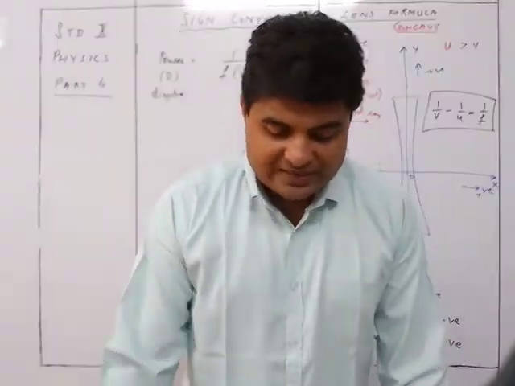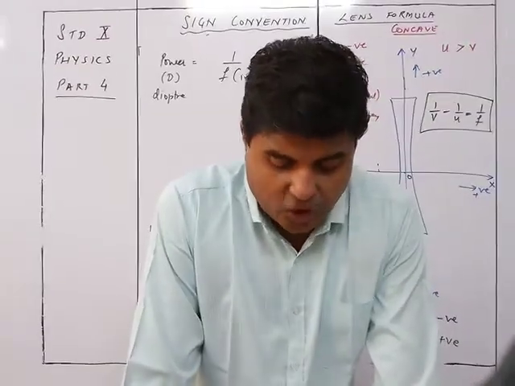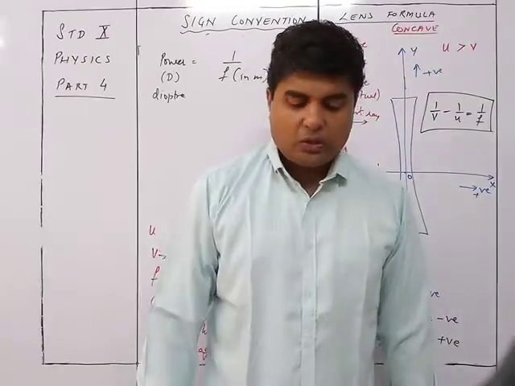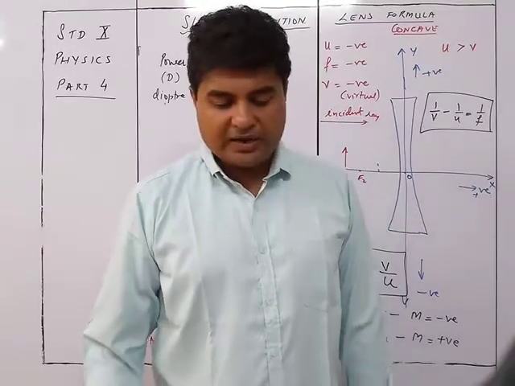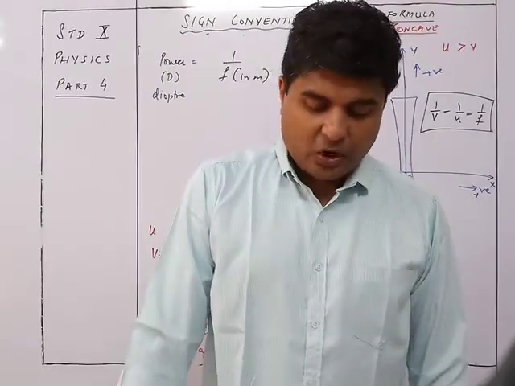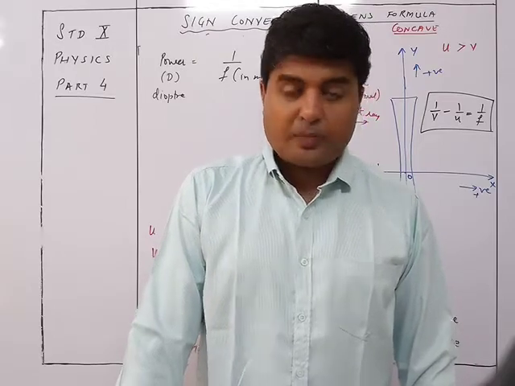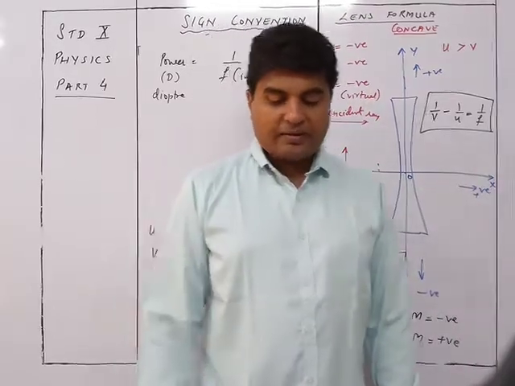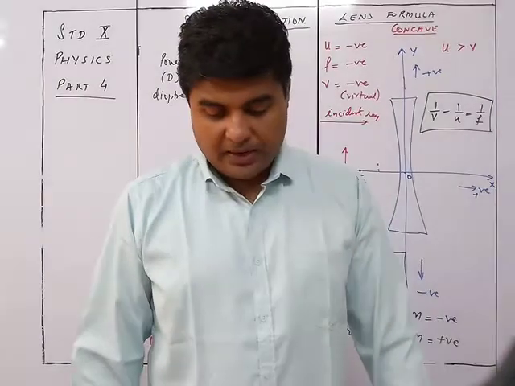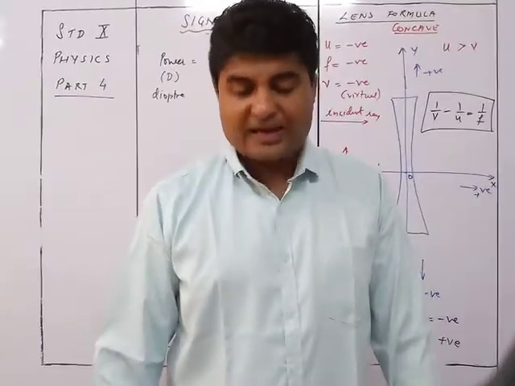If two thin lenses are placed in contact, the combination has a power equal to the algebraic sum of the powers of the individual lenses. If a convex lens of power plus 2D is kept in contact with a concave lens of power minus 2D, the combination will have zero power and it will behave like a glass plate.